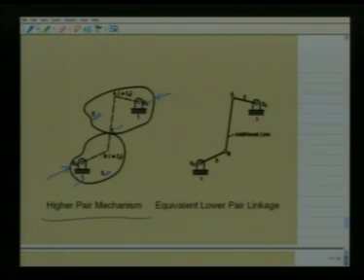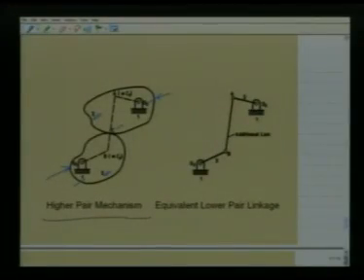Our objective is to replace this higher pair mechanism by a kinematically equivalent linkage consisting only of lower pairs. I repeat again that this equivalence is only instantaneous, that means true only for this particular configuration.